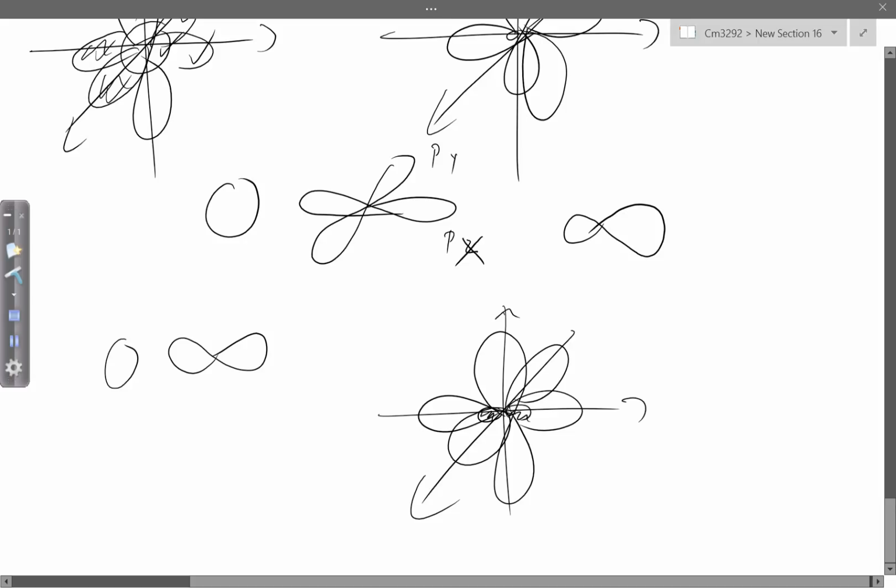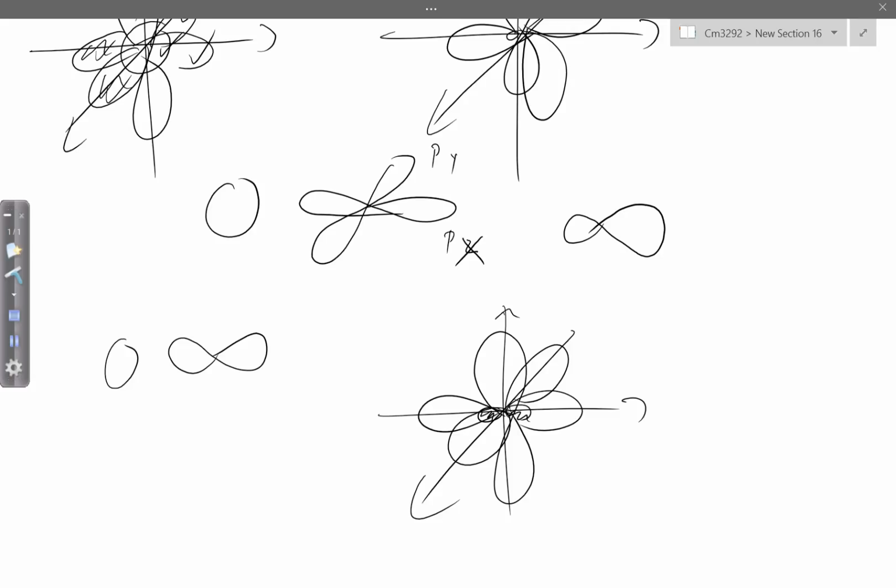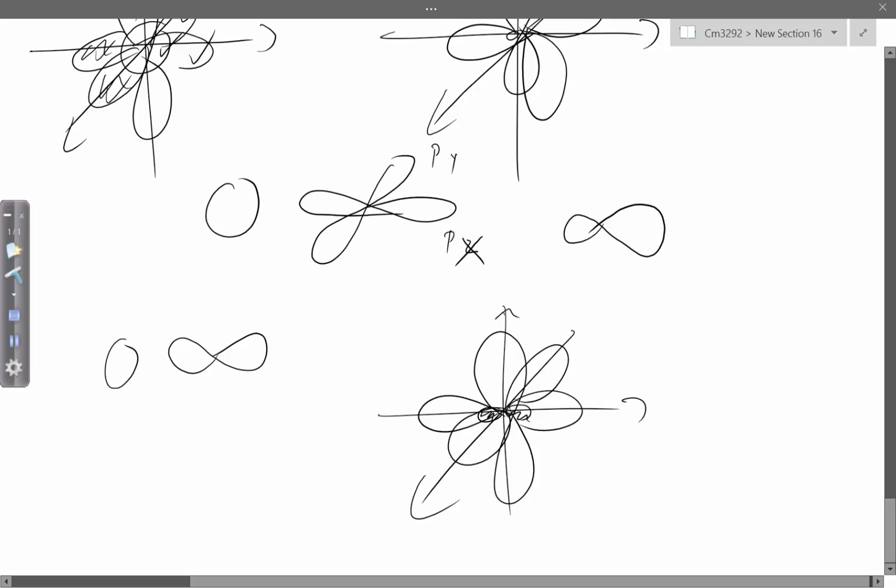Nevertheless, in ethyne, each carbon is sp hybridized. One of them overlaps with the 1s orbitals, while the other overlaps with the sp orbital of another carbon. The two unhybridized p orbitals overlap sideways with the adjacent two unhybridized p orbitals to give 2 pi bonds, right? So what's different between these two is that this has 2 pi bonds, this has only got 1 pi bond, right?